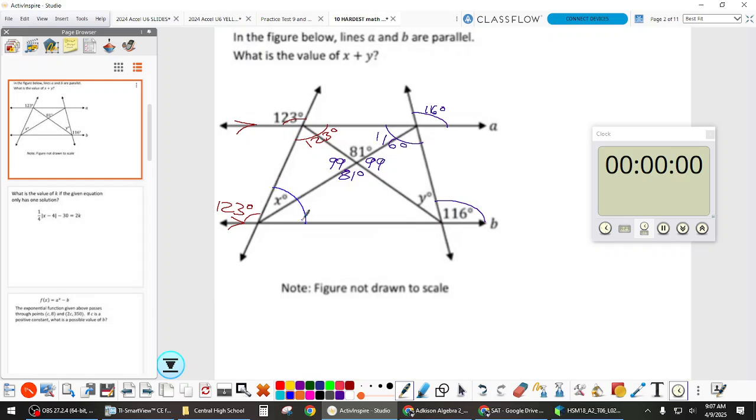How big is that whole angle? 57. So it's the linear pair angle with 123. So the whole thing is 57. So how big is just this angle? I'm getting too many lines here. Let me reverse those.